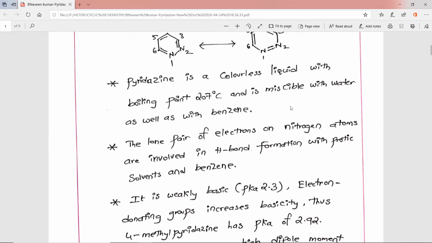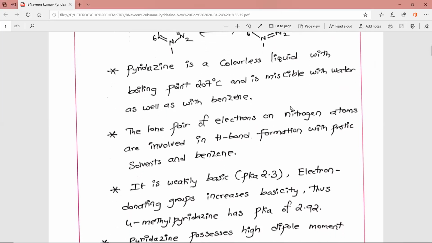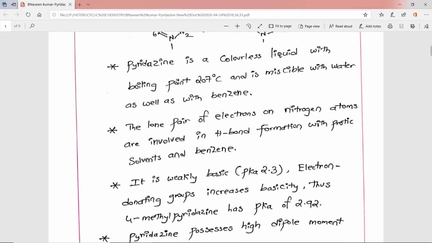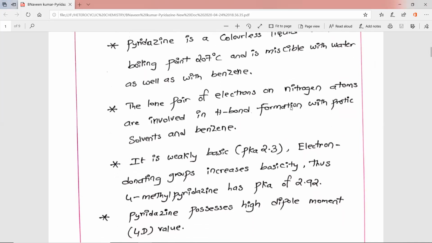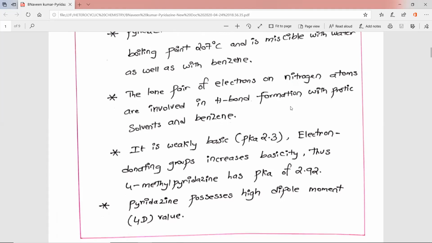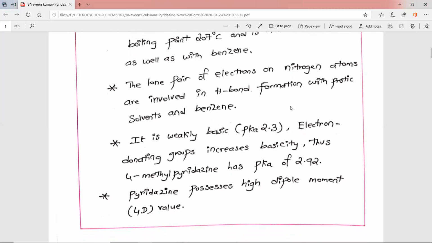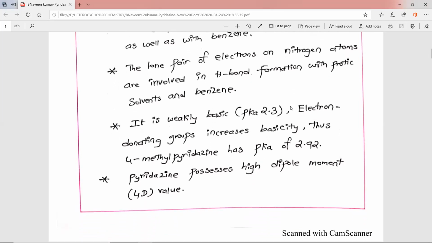So the lone pair of electrons on nitrogen atoms are involved in hydrogen bond formation with protic solvents. So the nitrogen atoms are basic and we can add an electrophile to the nitrogen atom. However, we can add only one hydrogen atom to one of the 2 nitrogen atoms and we cannot add 2 electrophiles or protons simultaneously.